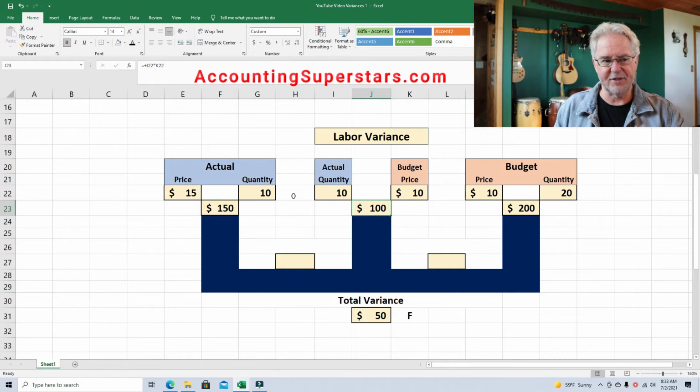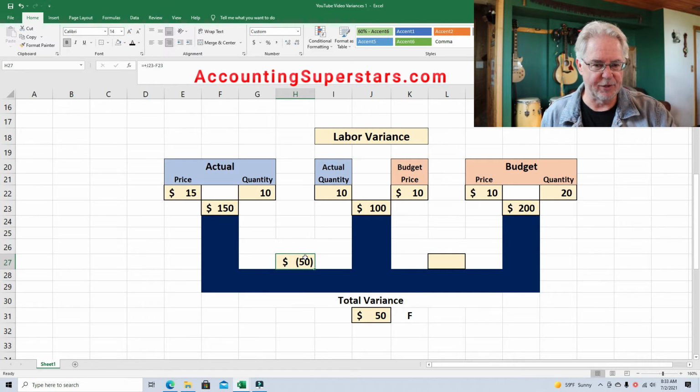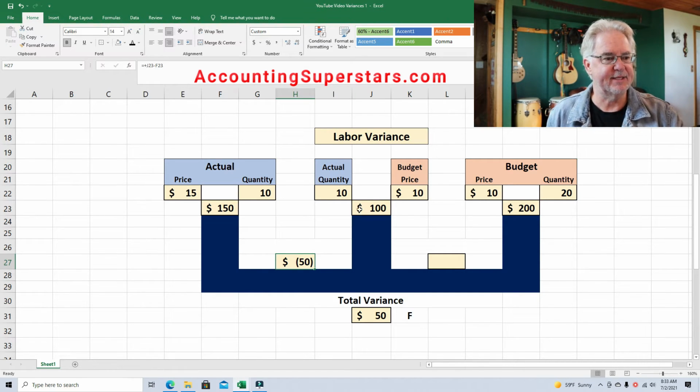Here's how you have to think about it: we know the difference between the two is 50, correct? And I've got it here as a negative 50 because the way you want to do it is over here to the left is actual, over to the right is budget. And consider for the time being that this middle is the budget, because it does have a budget component here.